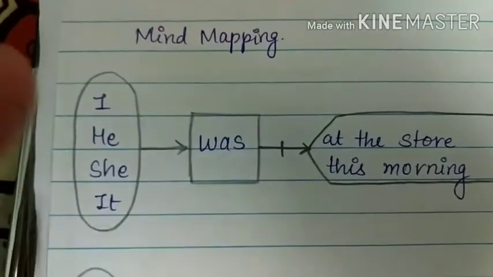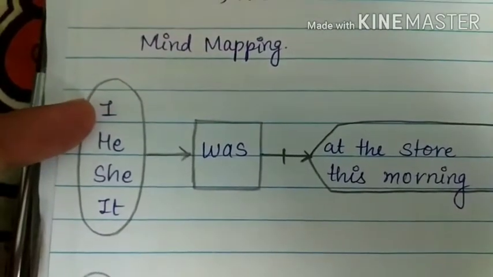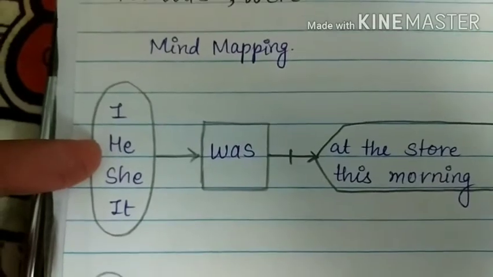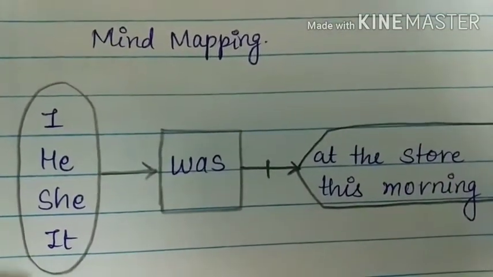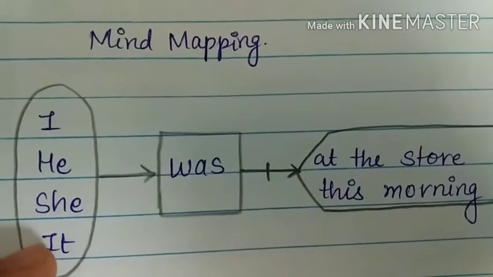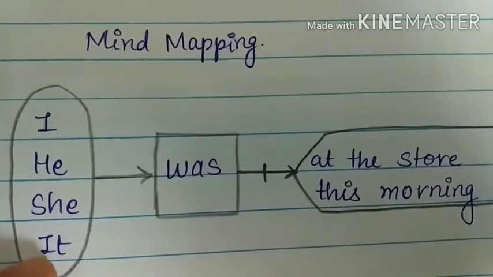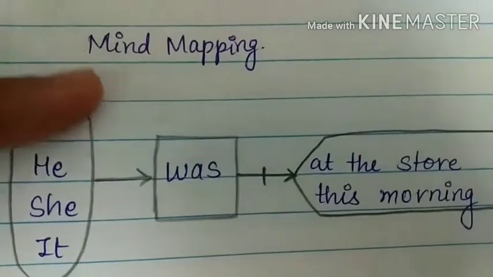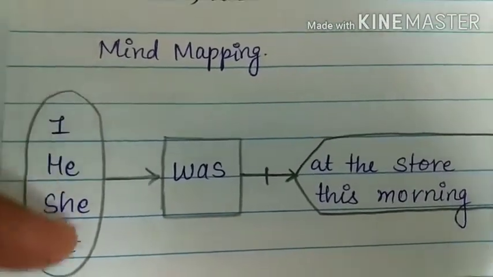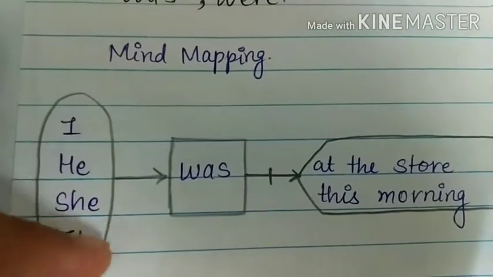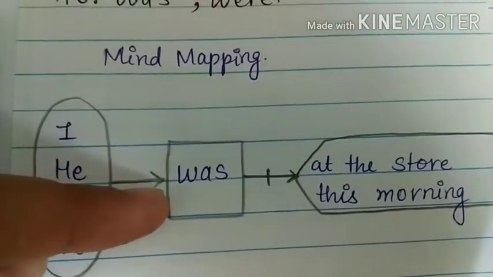First write it down: I, he. Then write she. And then it. And then draw an oval like this. Draw it like this. Make an arrow.